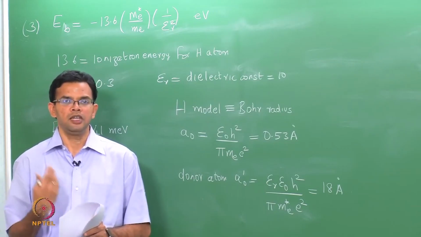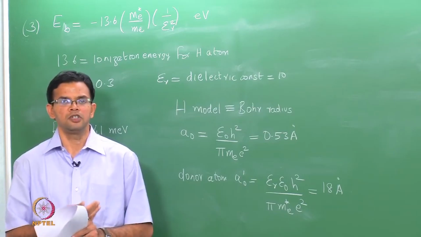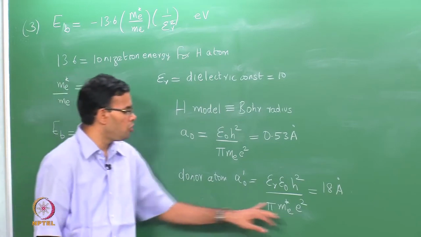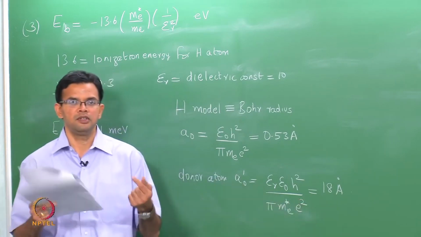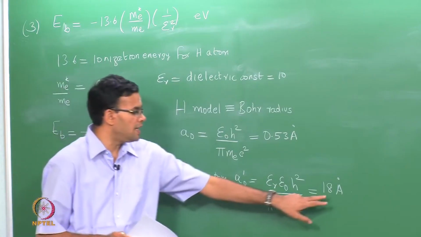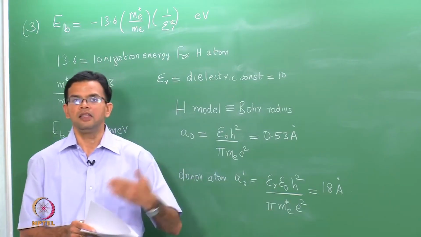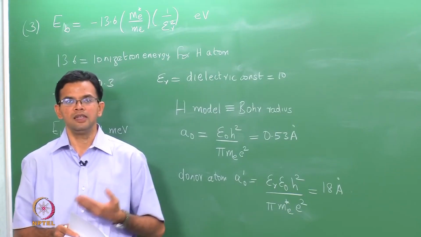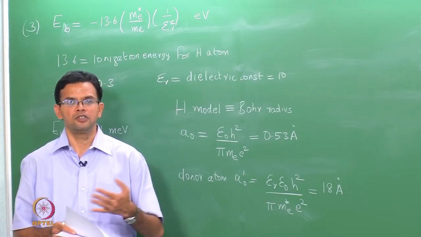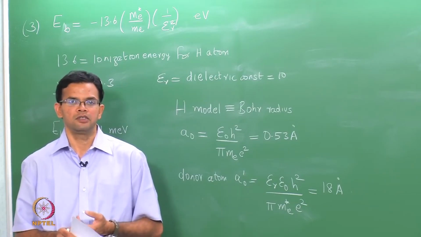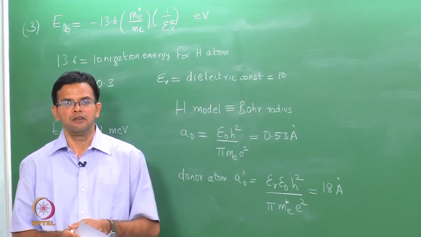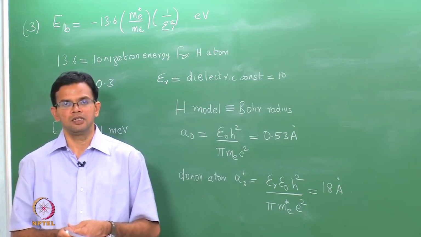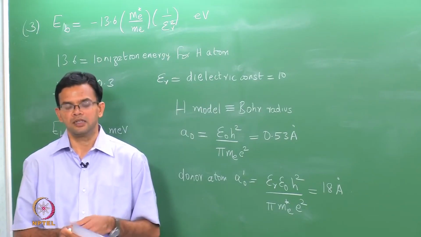But if we keep on increasing the concentration of the donors, then these atomic levels will come together, and when two donors see each other, which means when the distance between them comes to be less than 18 angstroms, then they will start to interact and they will form a band. At these high concentrations, donors form, instead of single atomic levels, a donor energy band which can then overlap with the conduction band. So, these types of semiconductors are called degenerate semiconductors.